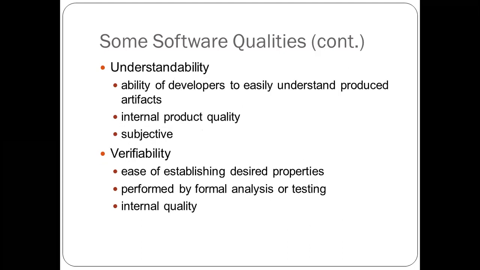Similarly, we will continue with understandability. We have already discussed these various factors about understandability: the ability of developers to easily understand and produce artifacts, an internal product quality. Verifiability is the ease of establishing desired properties.